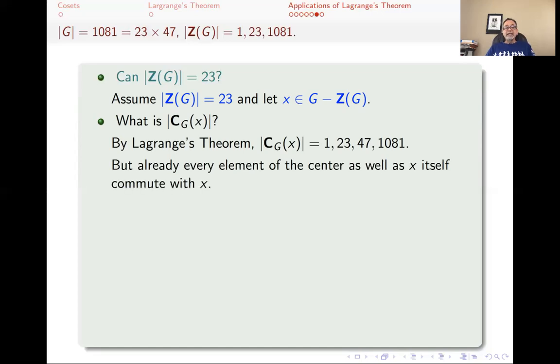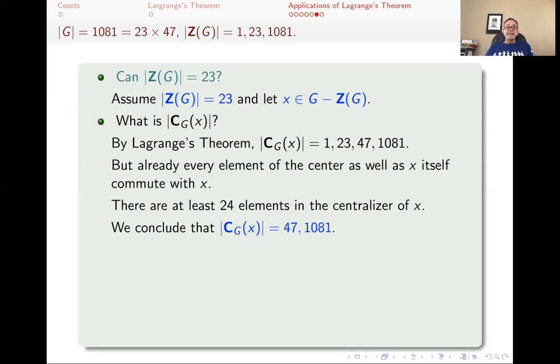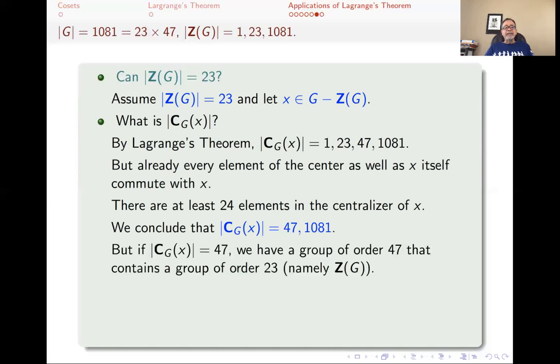That means that we have 24 elements. So the size of the centralizer could be 47, or it could be 1081. But could it be 47? If it is 47, then the centralizer of this element is a group of order 47, and inside it is the whole center of the group.